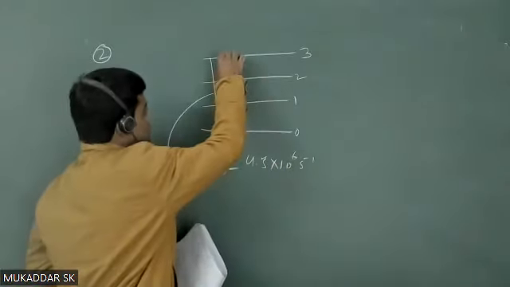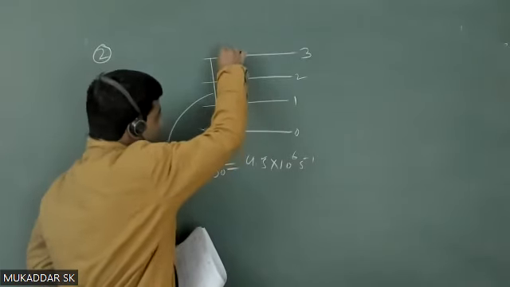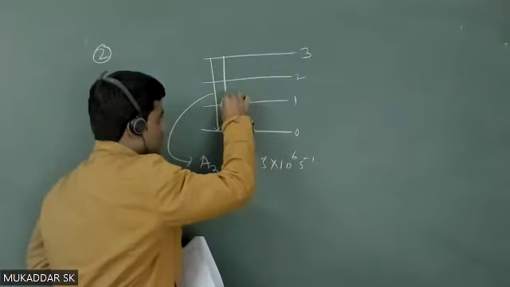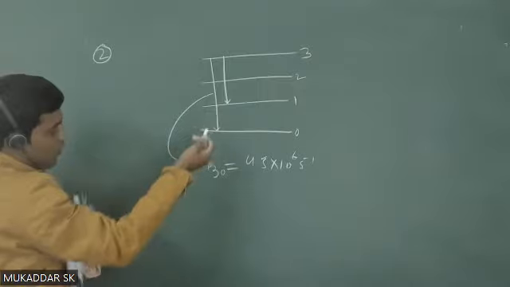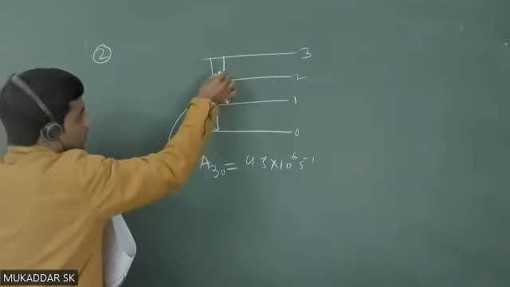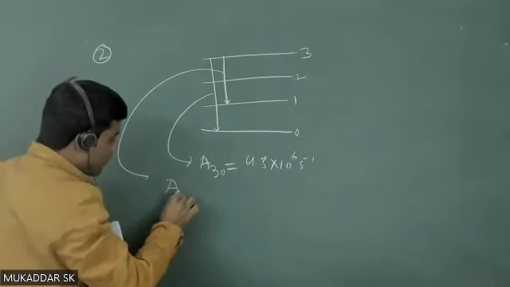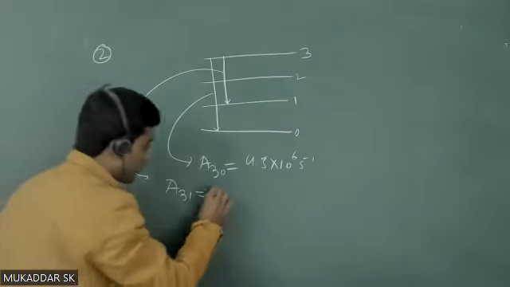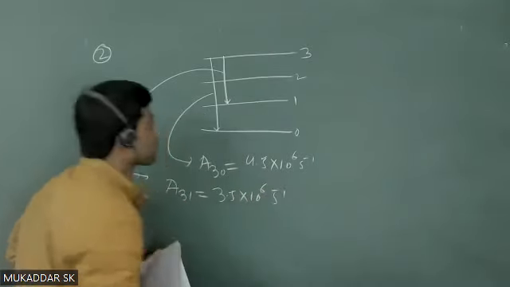Further, atoms from level 3 can jump to 1 as well by a spontaneous process. So it can jump from 3 to 0 by a spontaneous process with this probability. When it is jumping from 3 to 1, the probability of spontaneous emission is given, that is 3.5 into 10 to the power 6 second inverse.